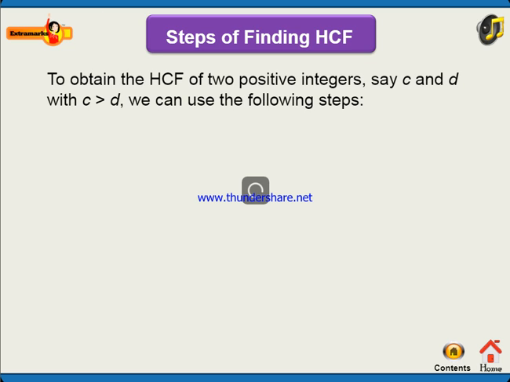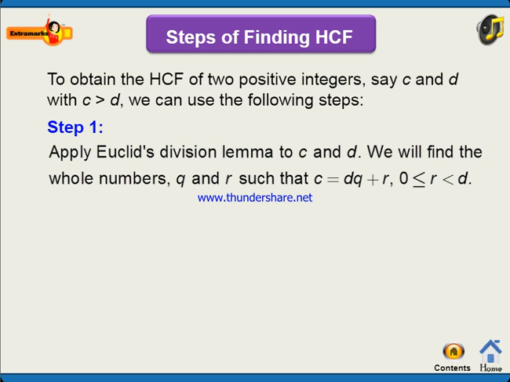Now let us state Euclid's division algorithm clearly. To obtain the HCF of two positive integers, say c and d, with c greater than d, we can use the following steps. Step 1. Apply Euclid's division lemma to c and d. We will find the whole numbers q and r such that c is equal to dq plus r, where r is greater than or equal to 0 but less than d.